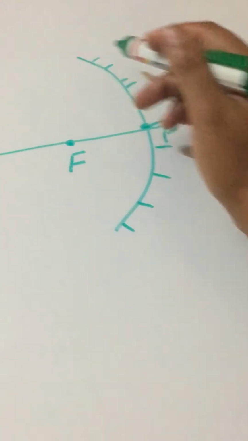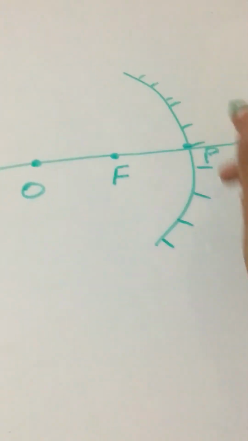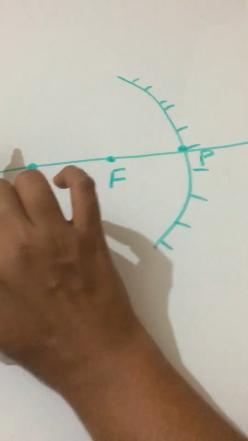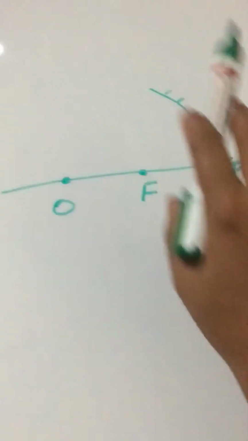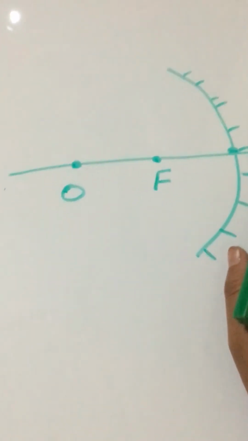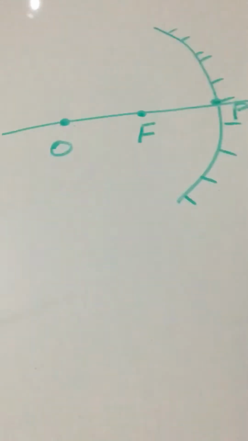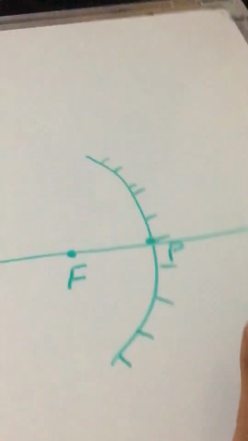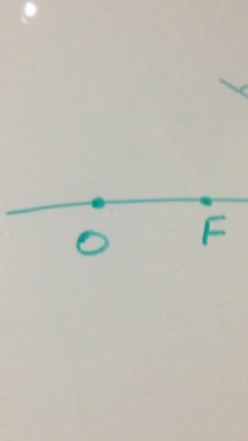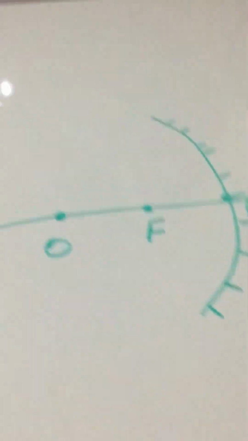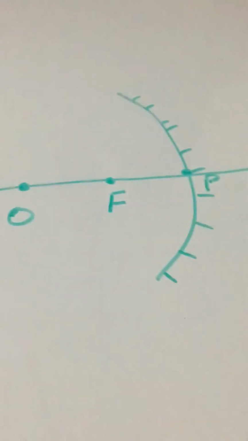But in a spherical mirror, because of the shape, sometimes the object's image will look smaller, bigger, thicker, thinner, magnified. So it will depend upon the situation. So how are the images formed?